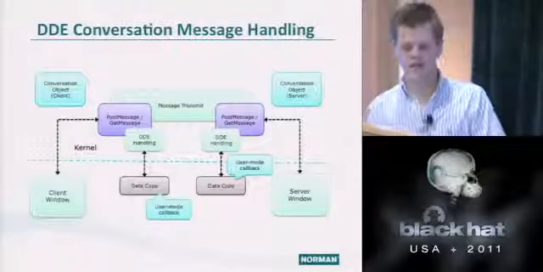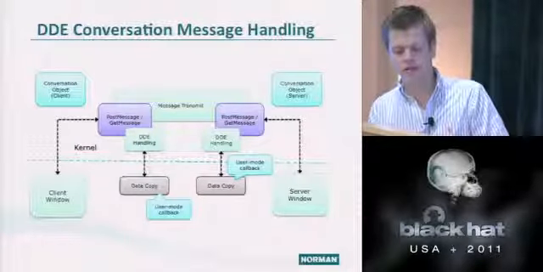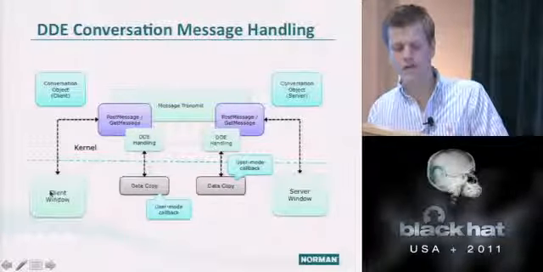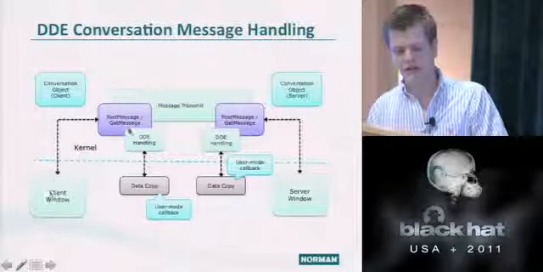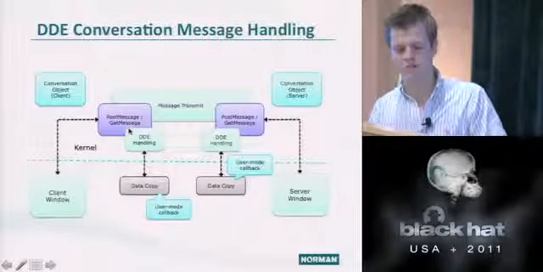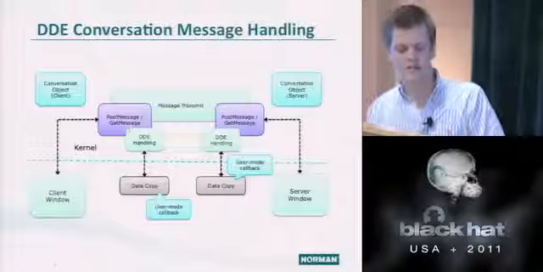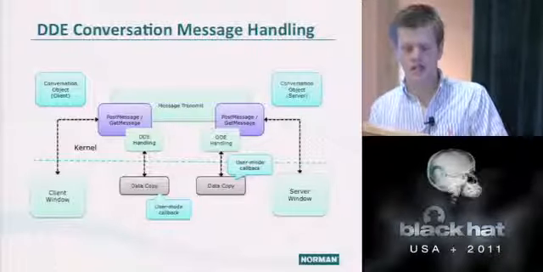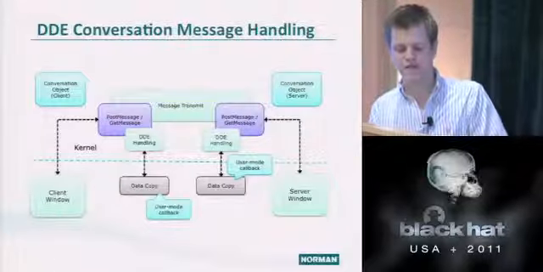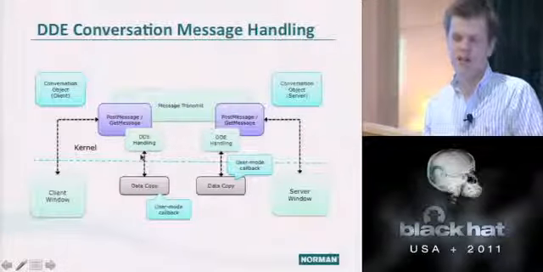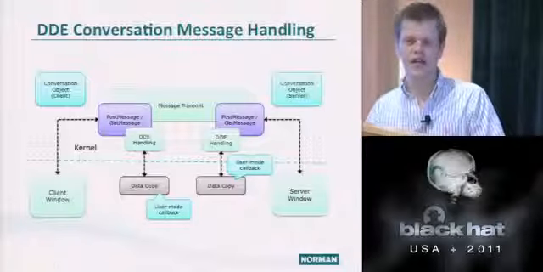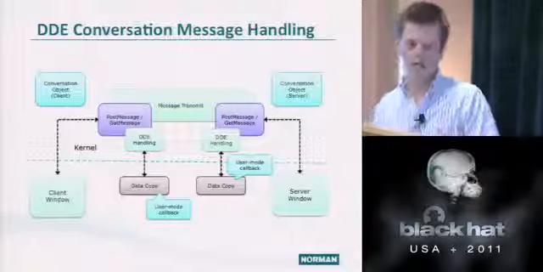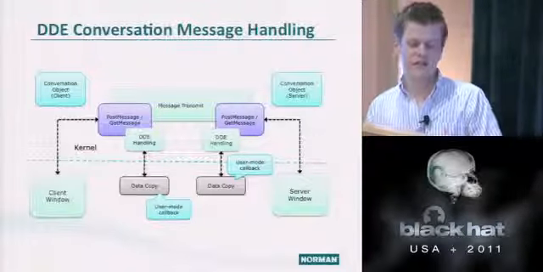So this is basically an overview of how a DDE conversation looks. You have the client window that does the post message or get message, depending on the way this message is passed. And then for certain DDE functions or messages, it does a callback to copy the data in from user mode, because all the data is stored in user mode.